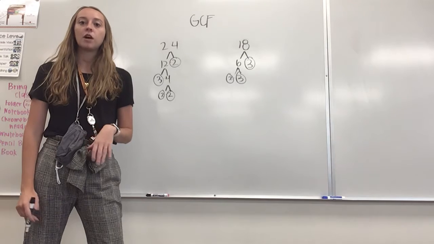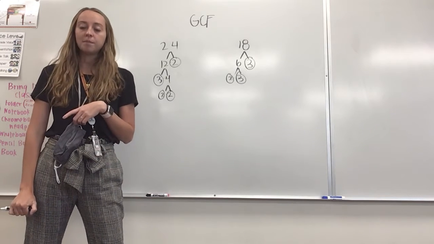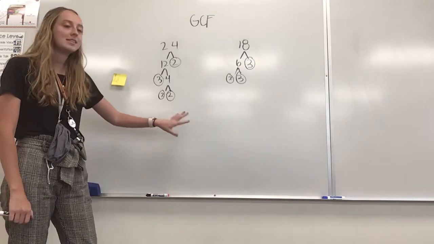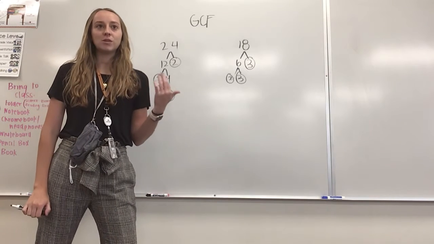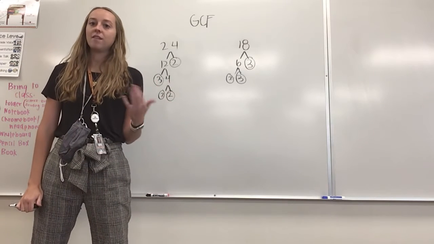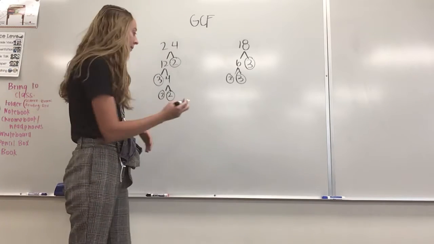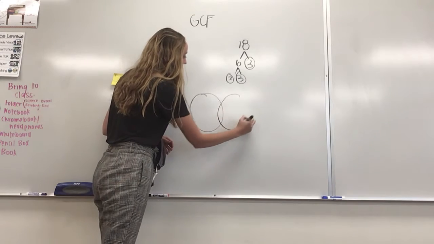Now I just need to figure out what the greatest common factor is between the two of them. So you may be able to look and see it, but I'm going to show you something that we'll use later on, so we're going to practice using it for greatest common factor. So first thing I do is make a Venn diagram. Looks like this.